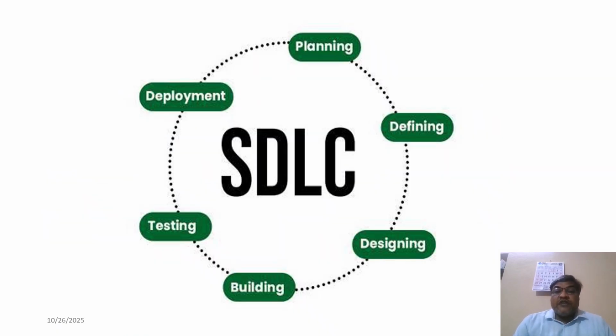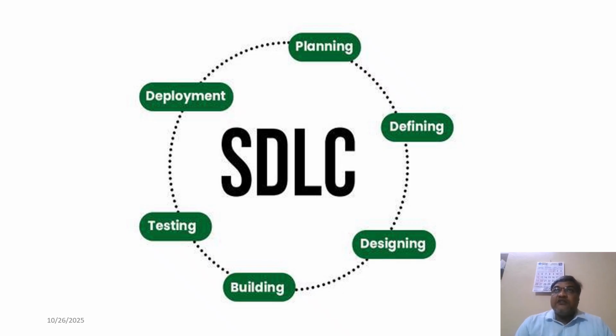It starts with the problem statement or problem definition. That will be the first stage or phase, we can say, followed by planning the software development, defining the requirements, designing, which includes both logical and physical design, building the code for implementation.